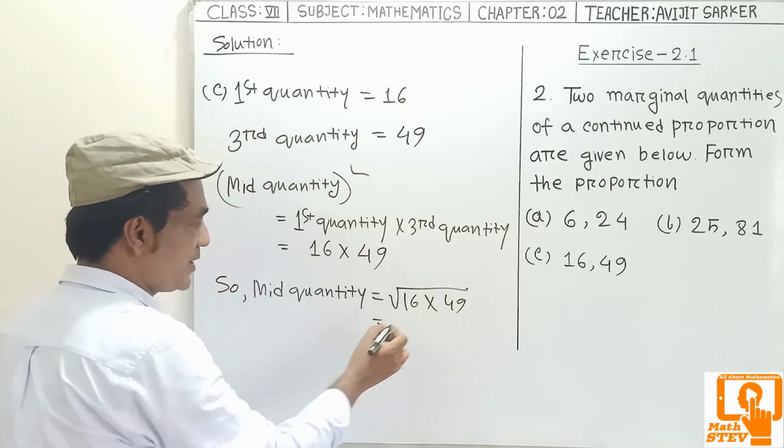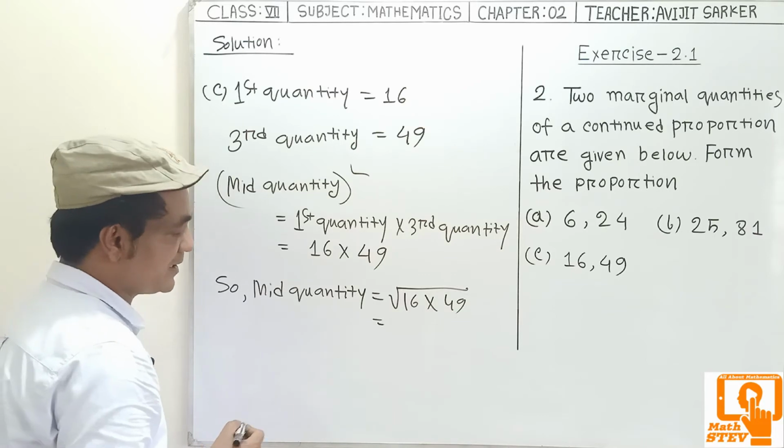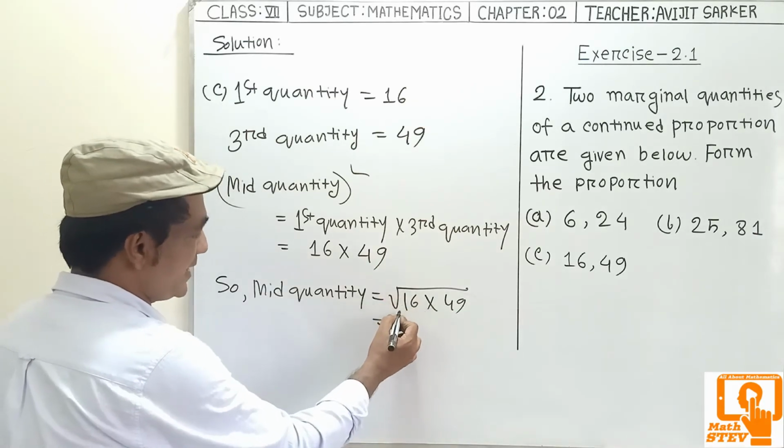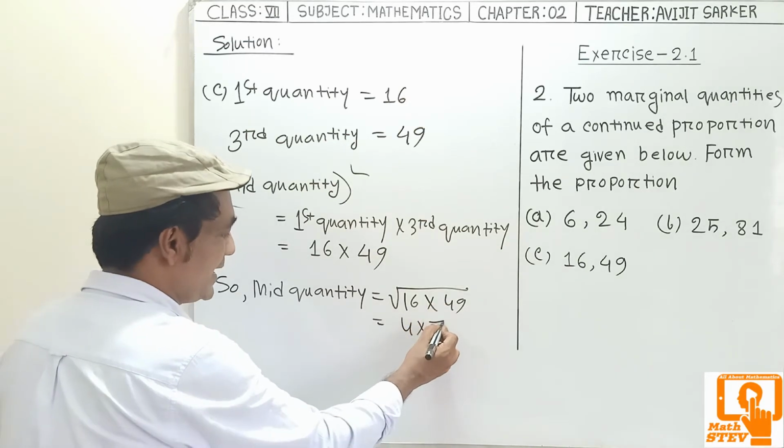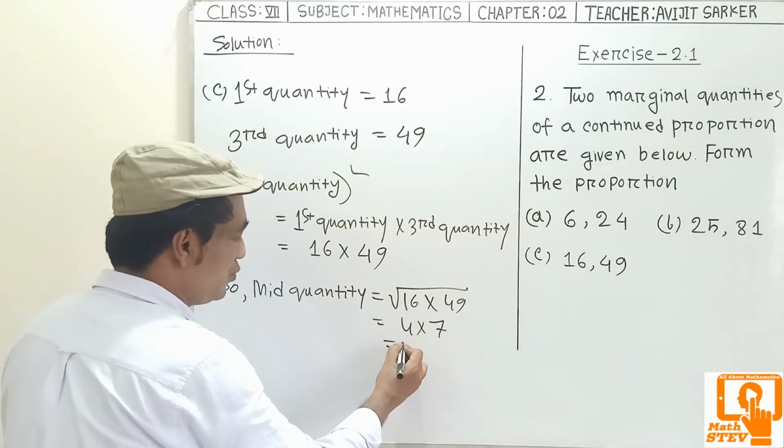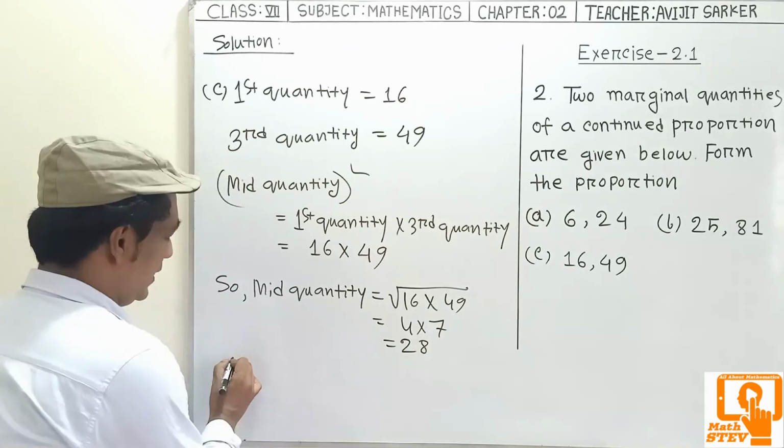16 and 49 are both perfect square numbers, so we can write square root of 16, which is 4, multiplied by square root of 49, which is 7, and the product is 28.